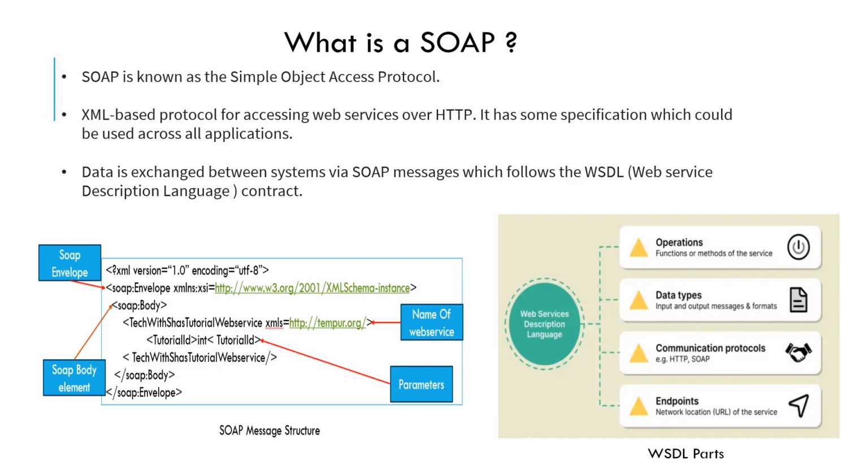Suppose here you can see that the name of the service is the Tech with SAS tutorial web service, right? So whatever service you want to access, you will define in this SOAP message. Then whatever input parameters are required for that web service, you have to pass them as parameters. So this is a simple example of the SOAP message.